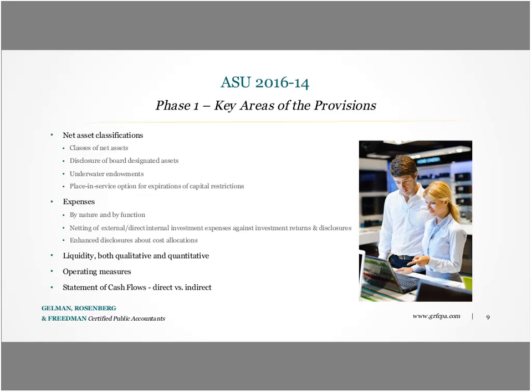Another key area are in the expenses, by nature or natural classification, and by function. And by function, we mean the breakout between programmatic expenses and supporting services. By natural classification, it's really referring to the functional expense statement. And currently, only voluntary health and welfare organizations are required to have a functional expense statement.